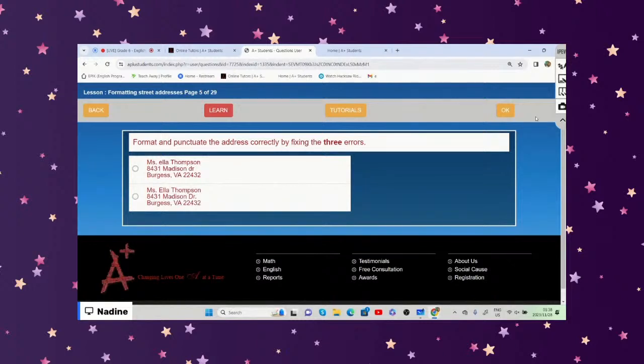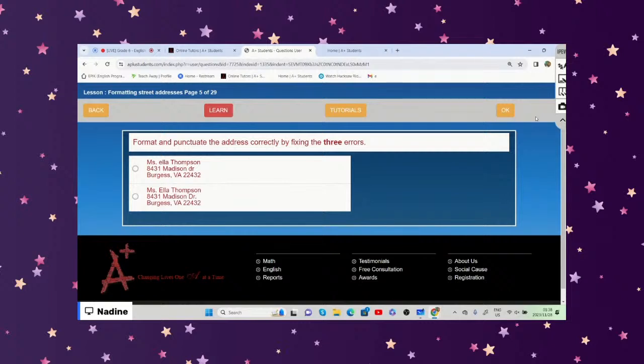So we need to format and punctuate the address correctly by fixing the 3 errors. So Miss Ella Thompson, street address 8431 Madison Drive, Burgess, sorry, VA 22432. There is a lot happening within that first one, right?